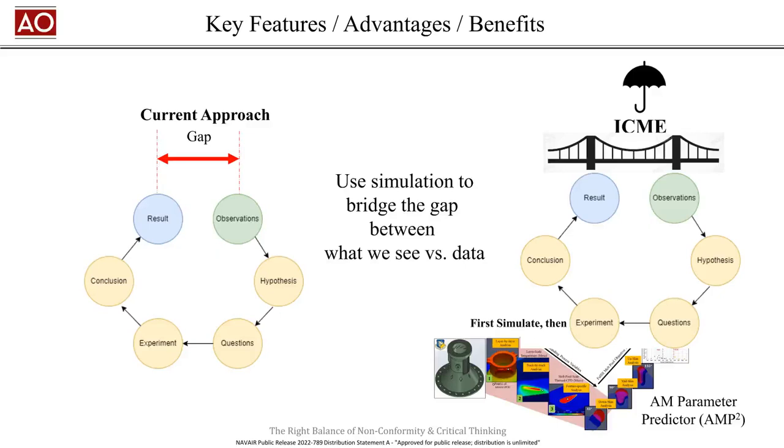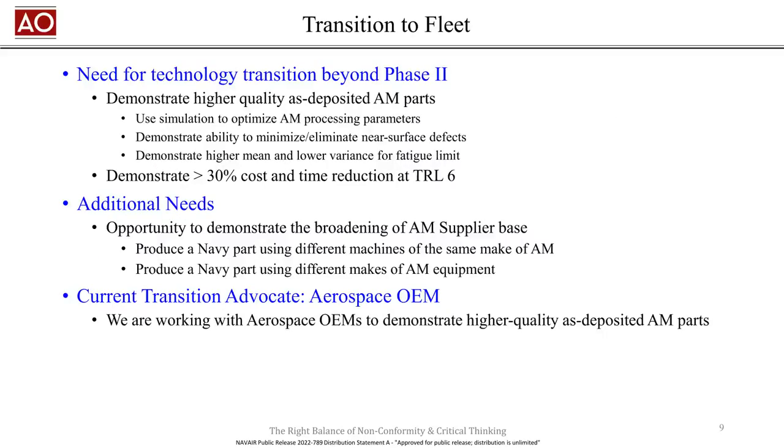Each experimental outcome can be analyzed to enrich our understanding and grow our knowledge of the AM process, how the part geometry and the process parameters affect the outcome, and choose the best option. For transition to fleet, reusability and reliability of solution to produce high-quality parts is a key metric. Our product AMP-squared is a reusable solution to produce high-quality parts.